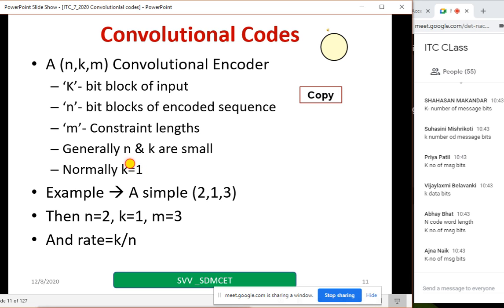K of 2, 3 is possible, but it is out of syllabus. You only have to understand K equal to 1. For example, if I say 2, 1, 3, it means N equal to 2, K equal to 1, M, the constraint length, equal to 3, and the rate is given by K by N. We will see what the rate is in the next slide.